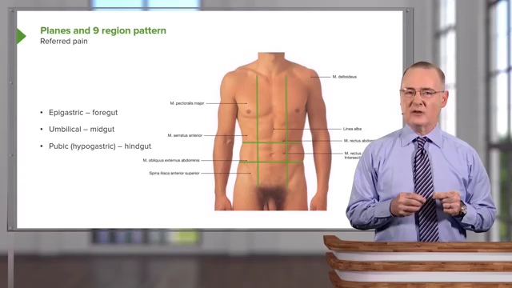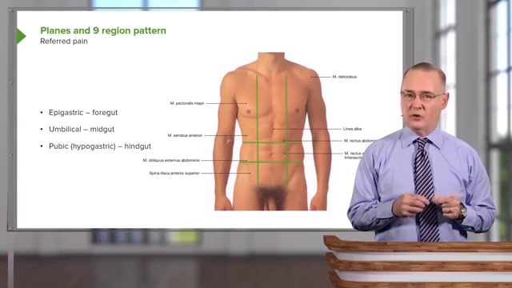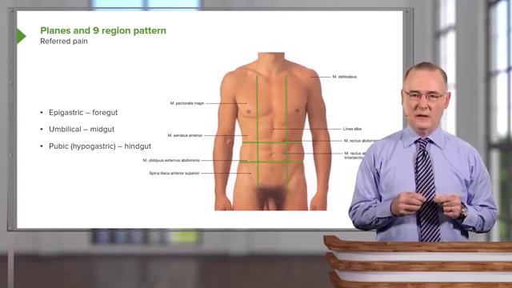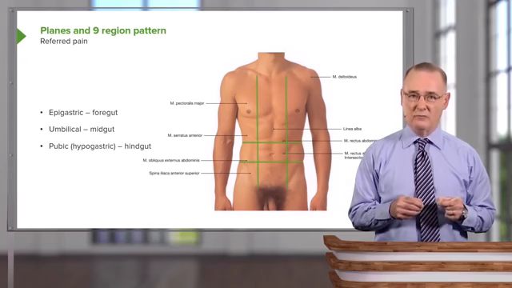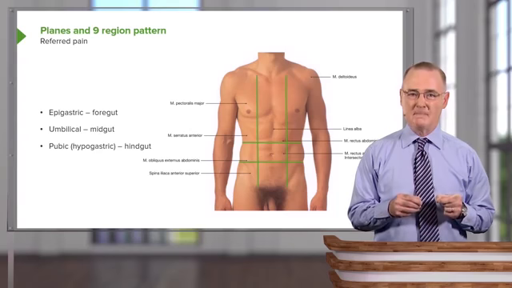Adult structures derived from the foregut would include the esophagus, the stomach, liver, gallbladder, pancreas, and the proximal portion of your duodenum.